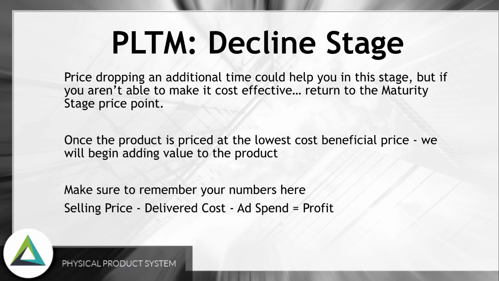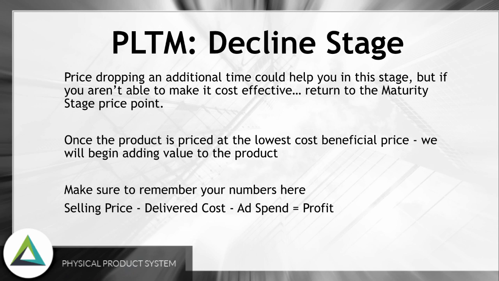It's about widening yourself up to a bigger customer base that wasn't going to buy at that $7.95 level, but they'd buy at the $6.95 level. So it's about increasing your profit margin as well as touching new customers that weren't touched before and were discouraged about the pricing. But if you aren't able to make it cost effective when you price drop, return to the maturity stage price point.